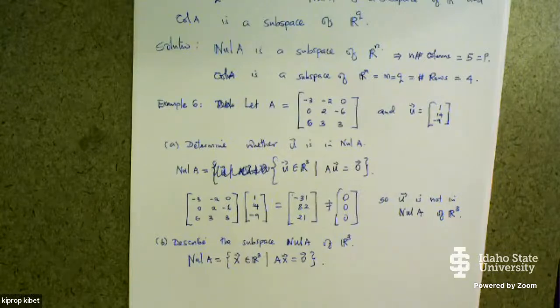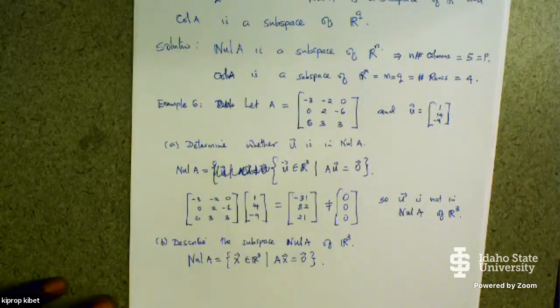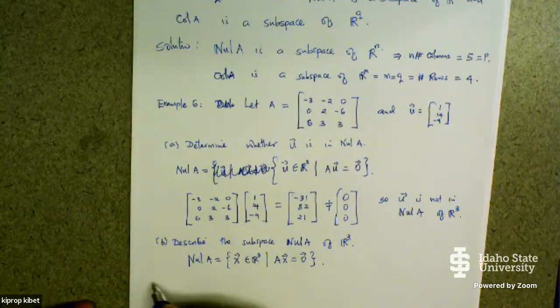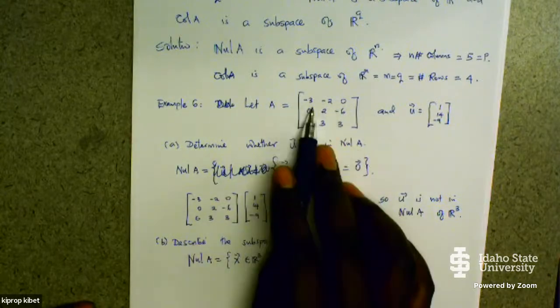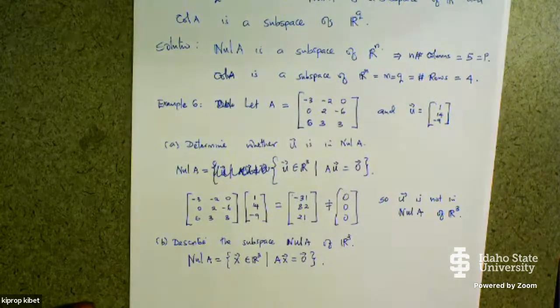Then in this case, our AX equals 0. So we want to get a solution of AX equals 0.